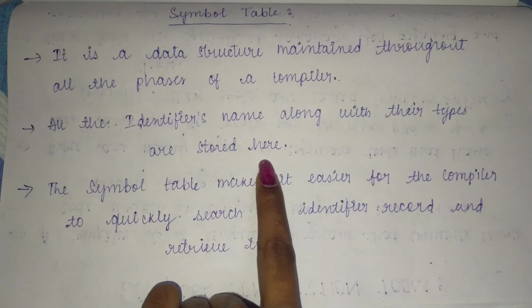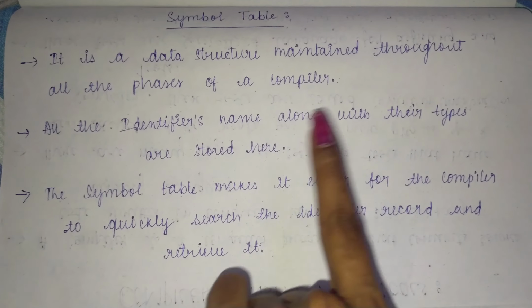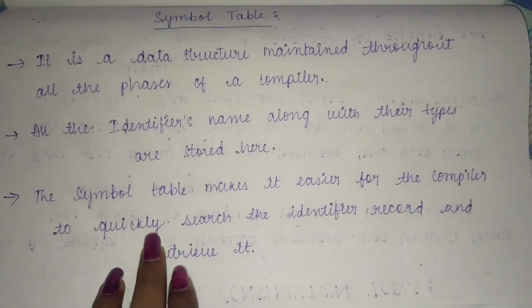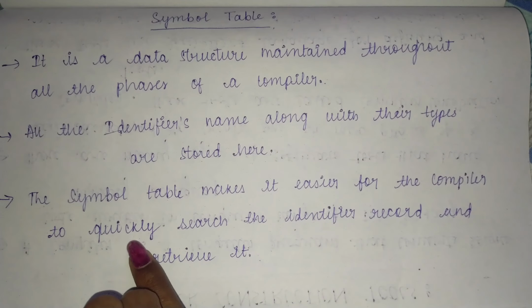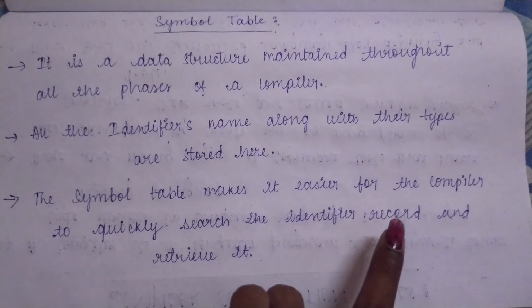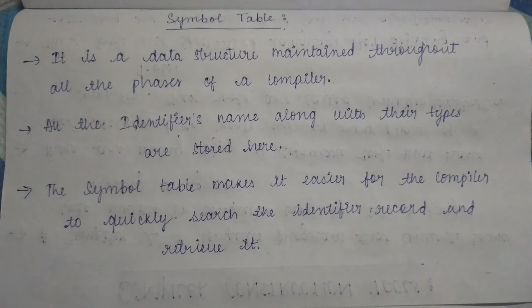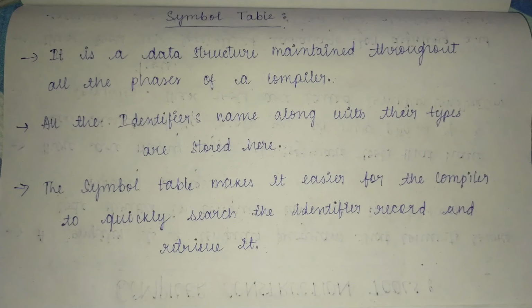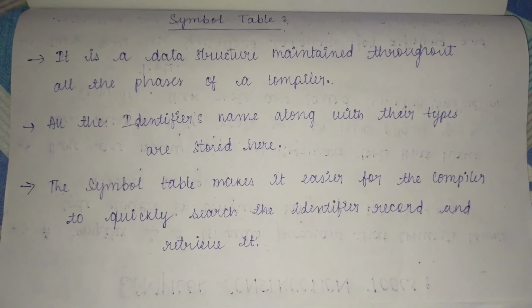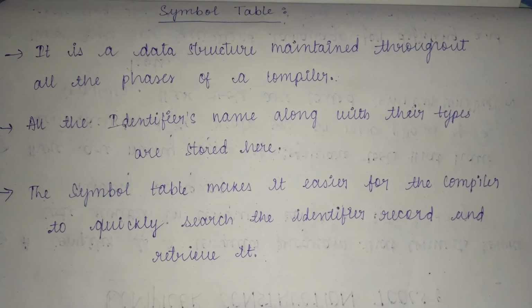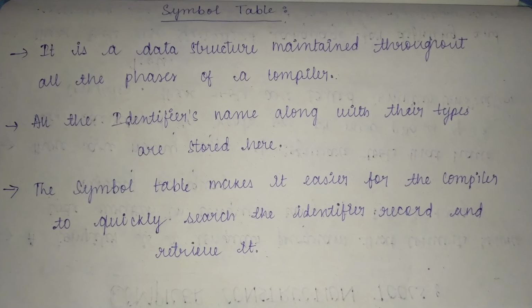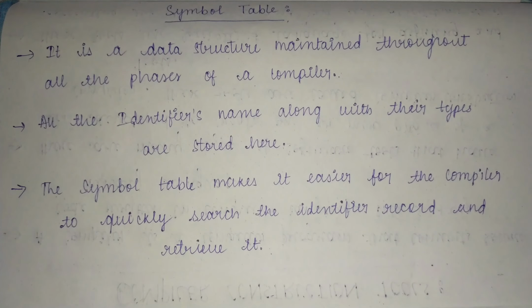The symbol table makes it easier for the compiler to quickly search the identifier record and retrieve it. I hope it is clear.